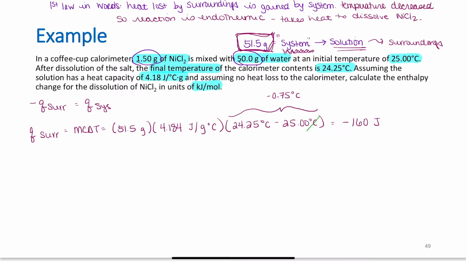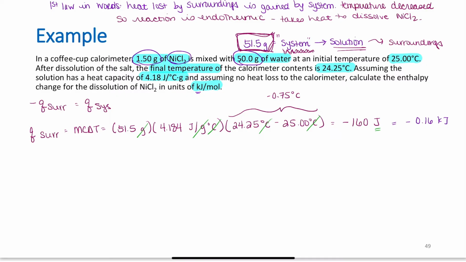So again, units are canceling here, giving me my joules. I want this in kilojoules per mole. Right now I have joules. Getting to kilojoules is easy. That's like saying negative 0.16 kilojoules. Okay, that part's the easy part. But I need the moles. Moles of what?